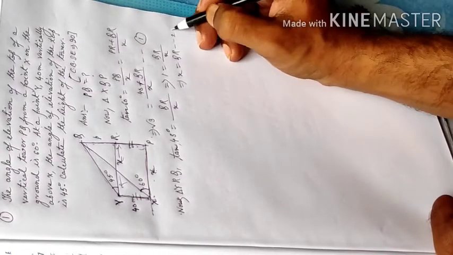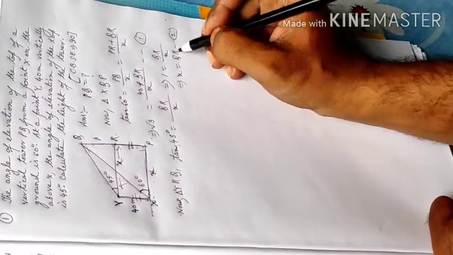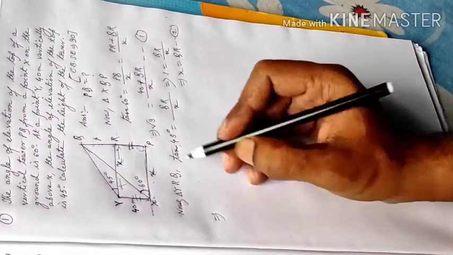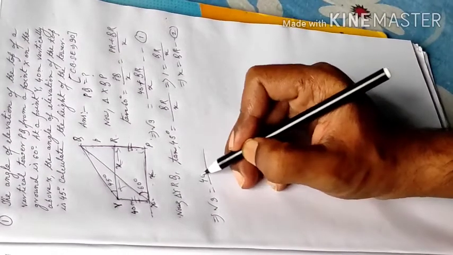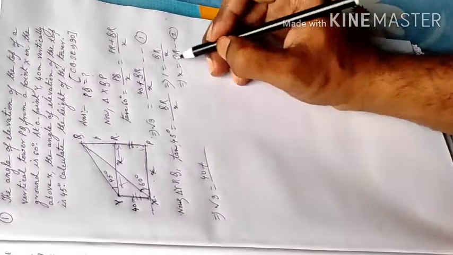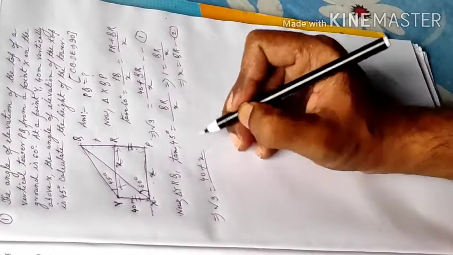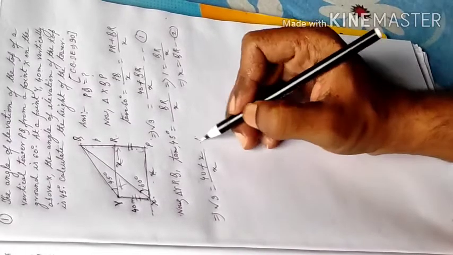Put the value of QR, that is x, in equation 1. So root 3 is equal to 40 plus QR by x, where QR is equal to x.